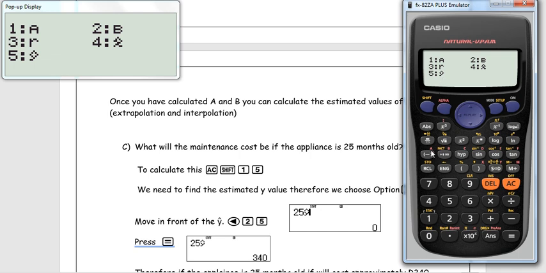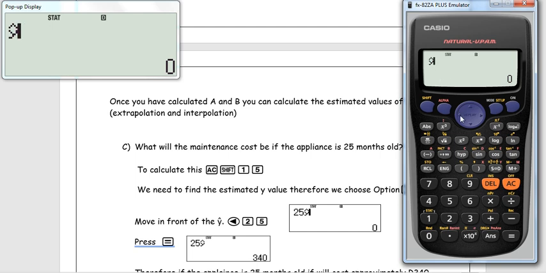So I am now going to go in and select option number 5. As it stands, all we are asking our calculator is we are saying we are dealing with our estimated Y value. But we got told extra information. We got told we have got our appliance which is 25 months old. We now need to tell our calculator this information.